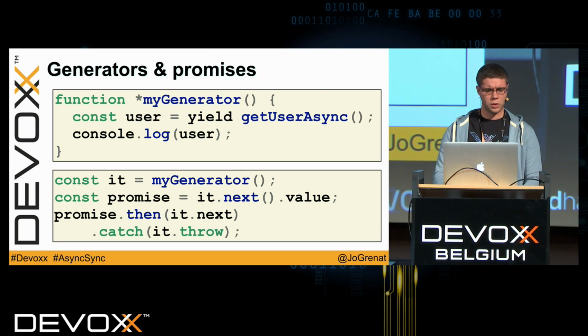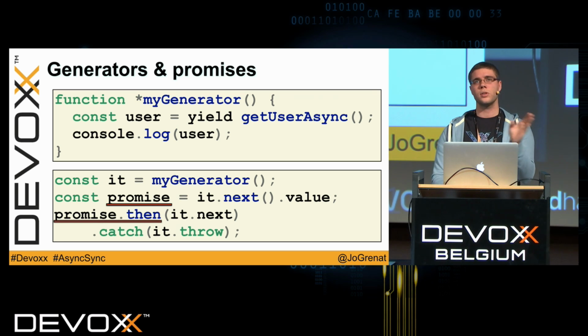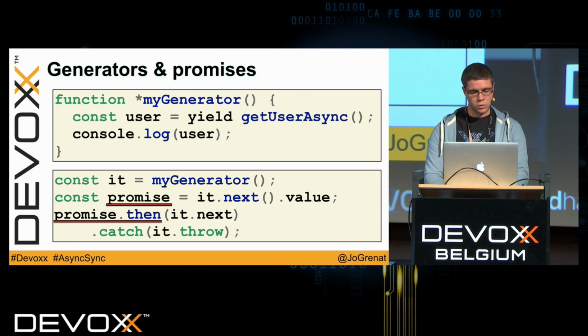So how does it work? We are creating an iterator. Then we are receiving a promise from the first execution. Then we are just waiting for that promise to be resolved, or to have an error, to call iterator.next with the return value. This is exactly what we will do to have code that looks synchronous.